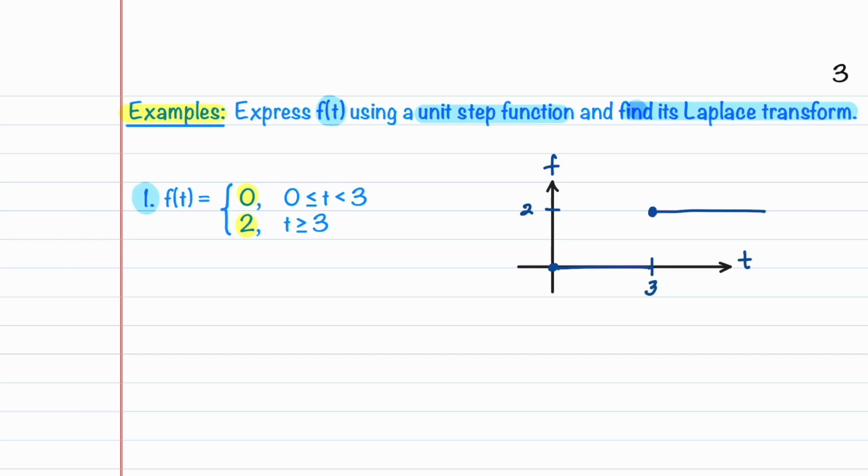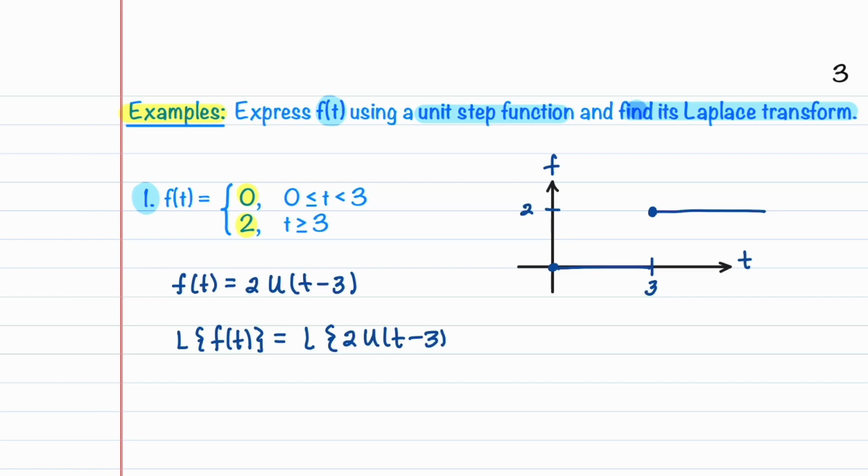We can write this using a unit step function as f of t is equal to 2 times u of t minus 3. This just means that our function is 2 when t is greater than or equal to 3. Now let's find the Laplace transform. The Laplace transform of our function f of t is equal to the Laplace transform of 2 times u of t minus 3.